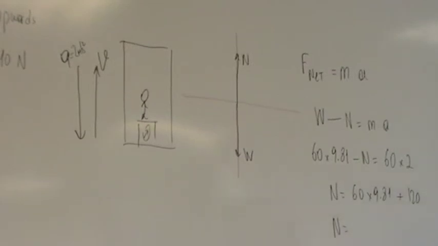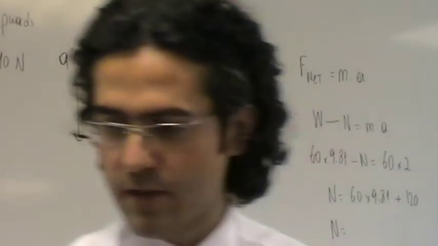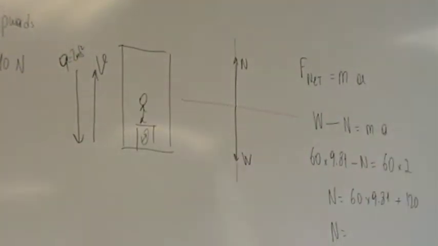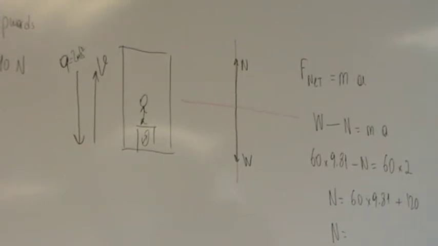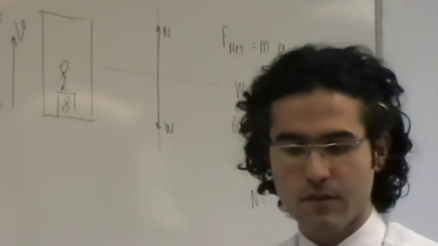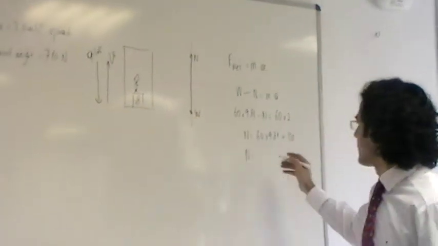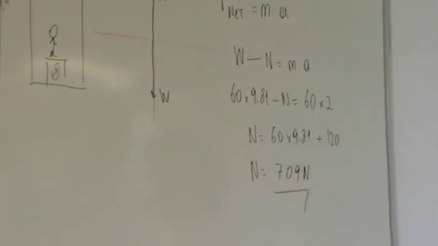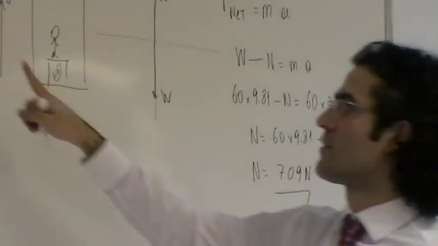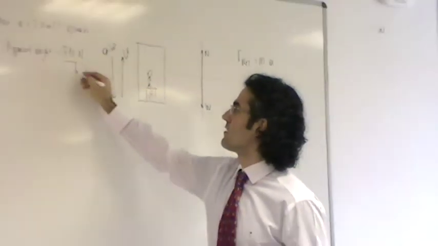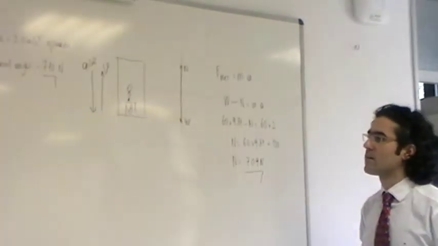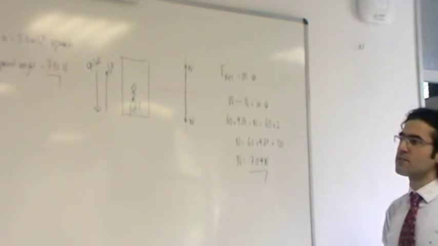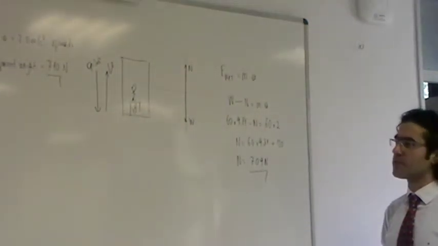Let me calculate this quickly with a calculator. I'm going to get 709 newtons. So look at this value, which is smaller than the value that I got in the case when the acceleration was upwards.